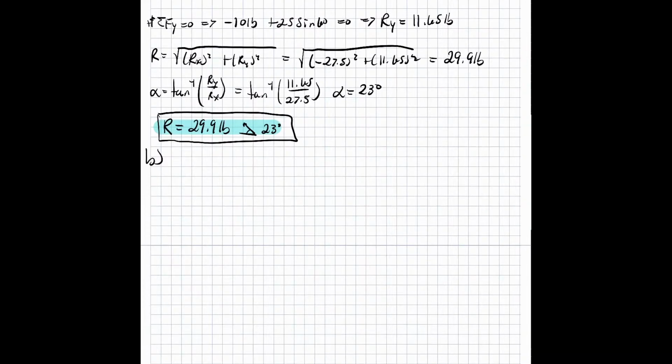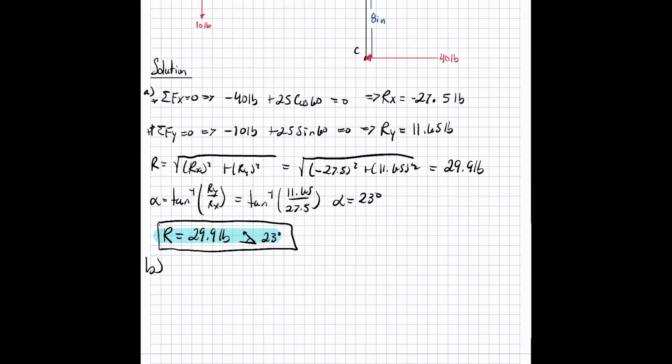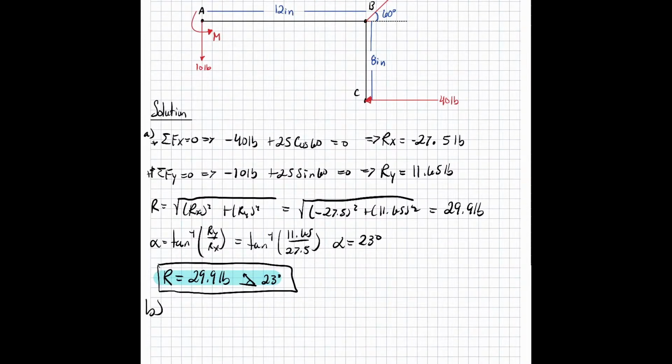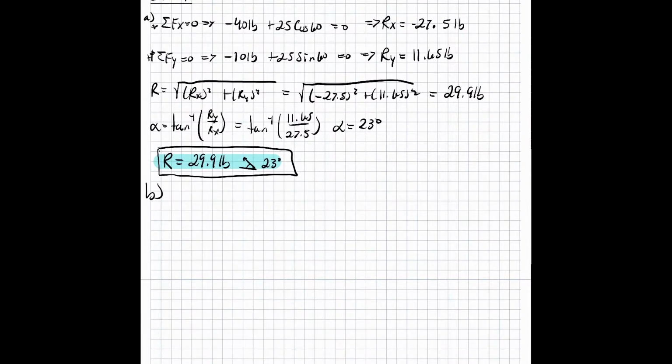So to find the location, we need to take a moment about point B, just because it gets rid of my more complicated value. So the sum of the moment about B equal to 0, counterclockwise being positive, we get 80 pound-inches plus 10 pounds times the 12 inches perpendicular distance minus 40 pounds times its perpendicular distance of 8 inches equal to 0.